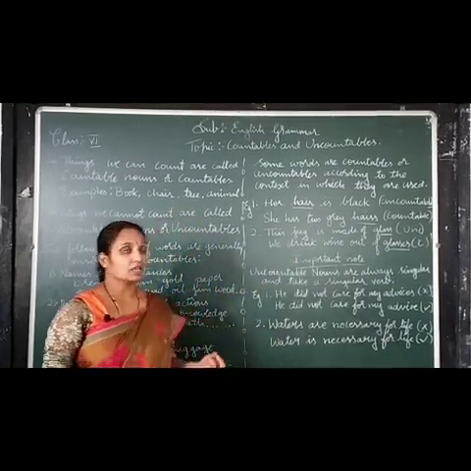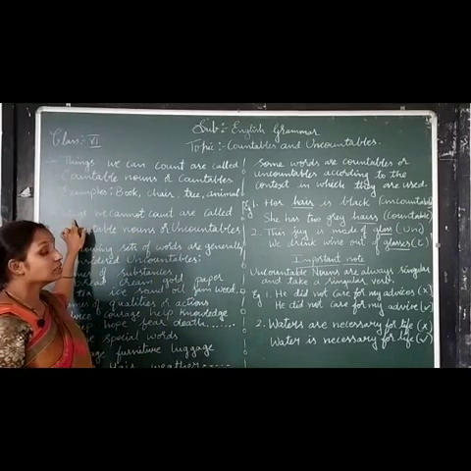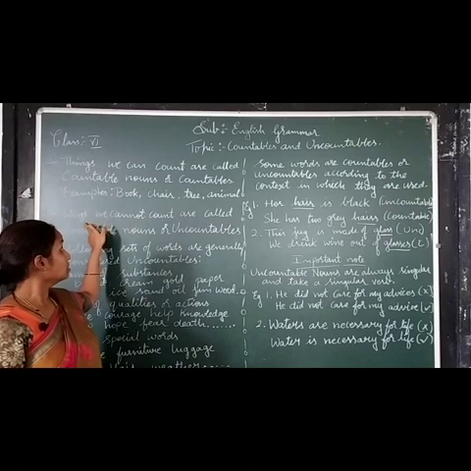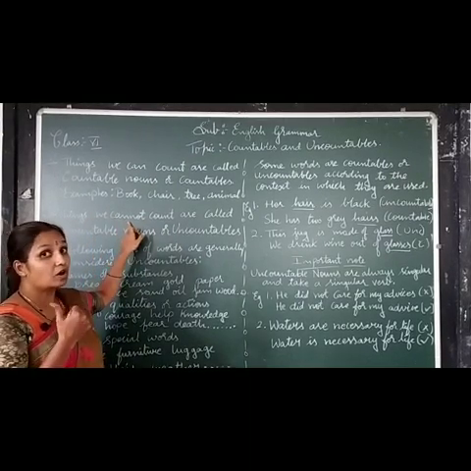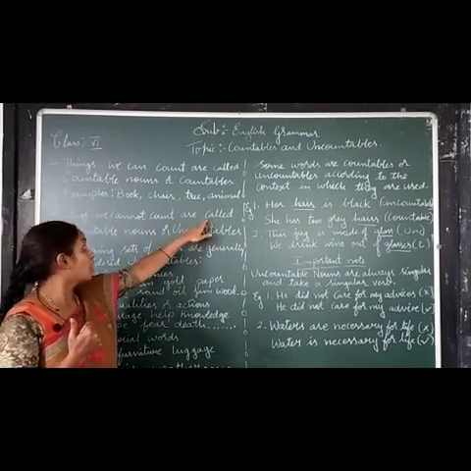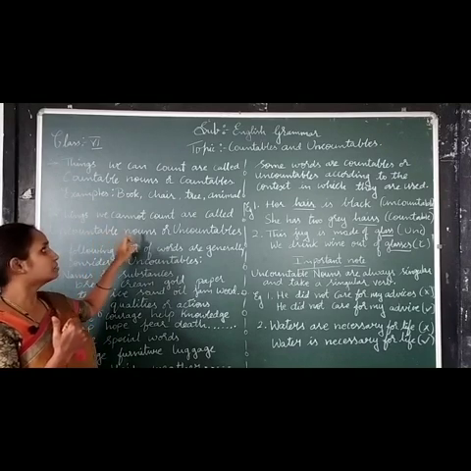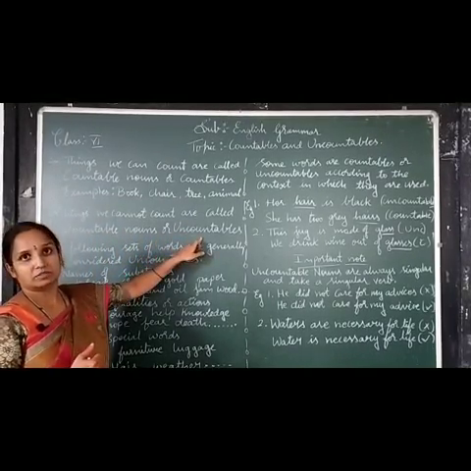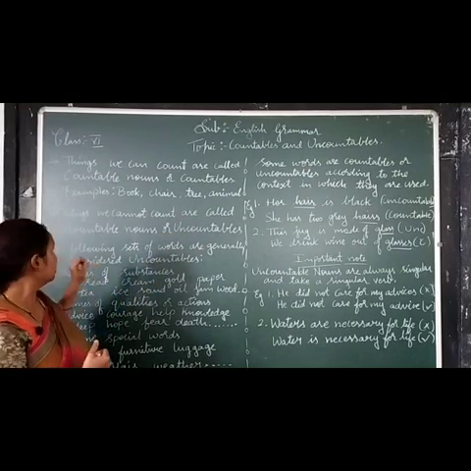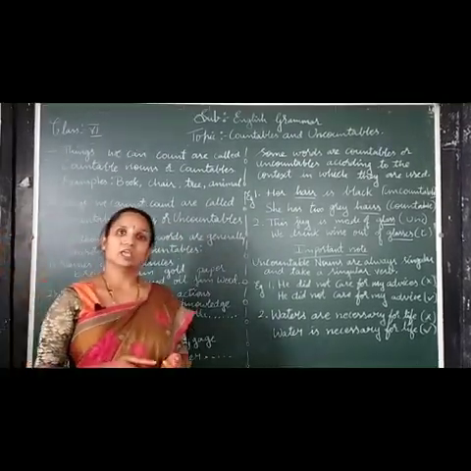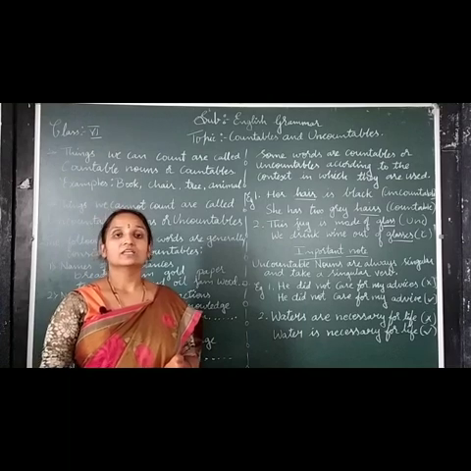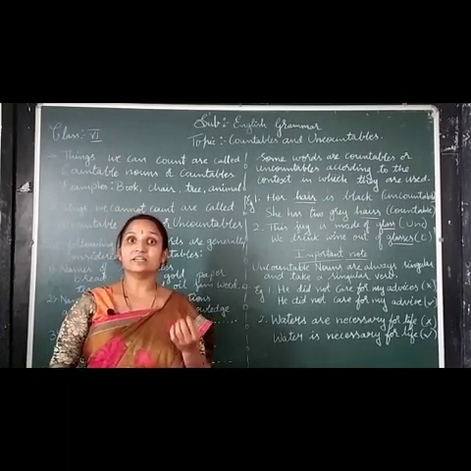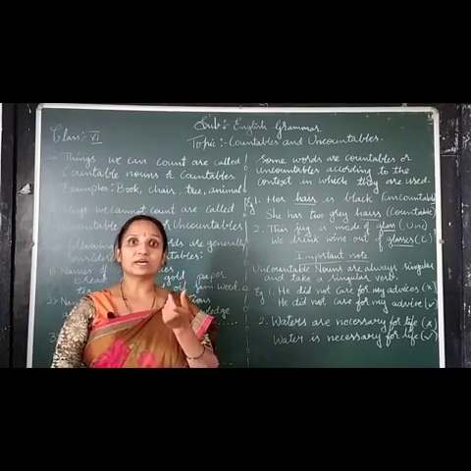In the next thing, that is things we cannot count. Things we cannot count are called uncountable nouns or uncountables. Example: water, ink, oil. Such things don't have the proper number.